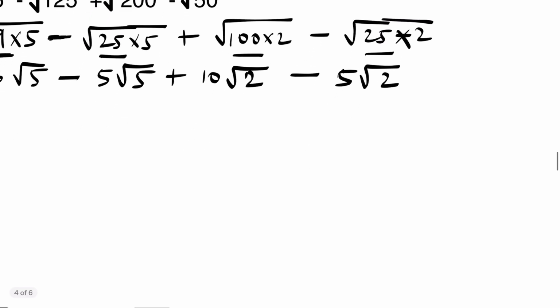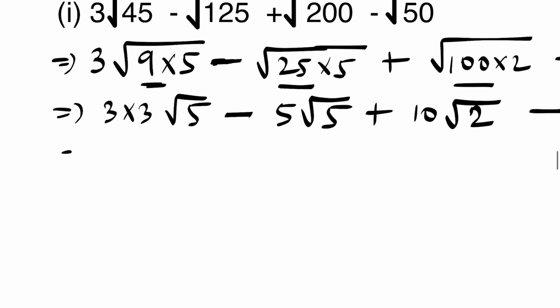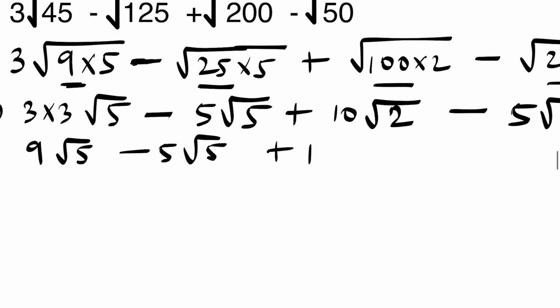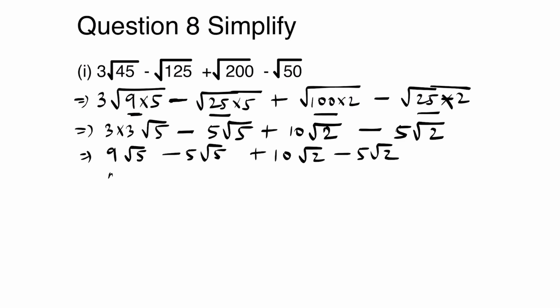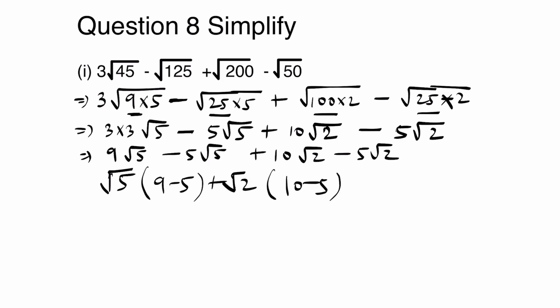Okay. Now this will become 9 root 5 minus 5 root 5, and this will become 10 root 2 minus 5 root 2. Now taking root 5 as common, we will get 9 minus 5, and root 2 as common, we will get 10 minus 5.